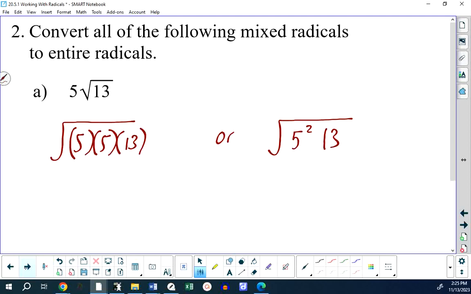So now we multiply these out. I want to say 325. Thank you. And we're done. So, square roots, if you have 2 items inside, they become 1 outside. If you have 1 item outside, they become 2 inside.